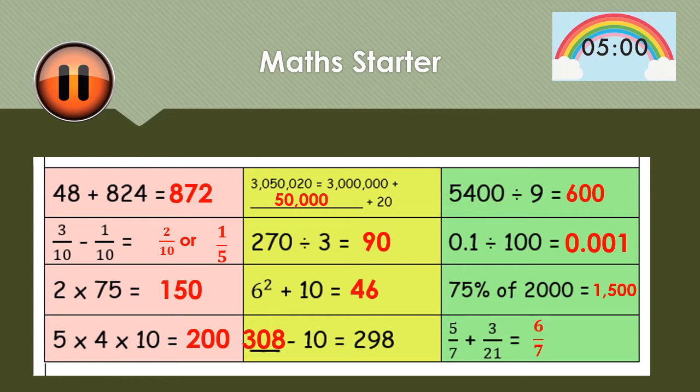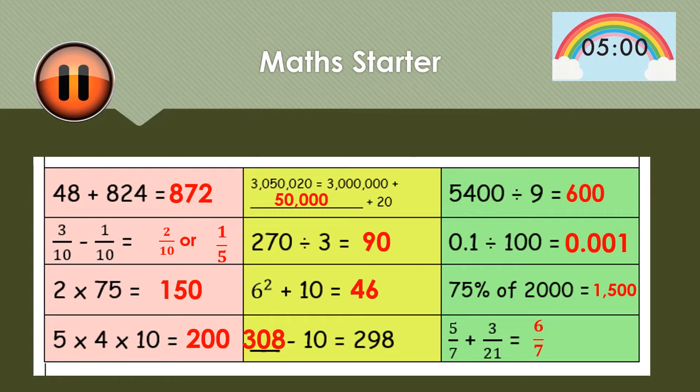Well, if 75% of 1,000 is 750, 2,000 is just double 1,000. So we do the same with the 75%. We double that too. What's double 750? Well, let's look over at the pink side. Third question down. 2 times 75 is 150. So 2 times 750 is 1,500.